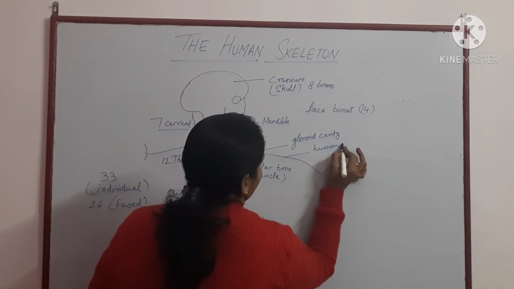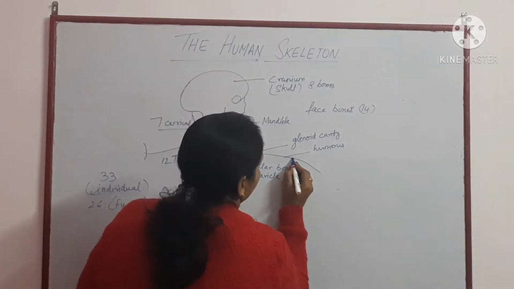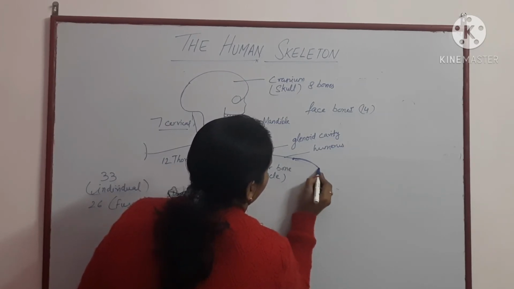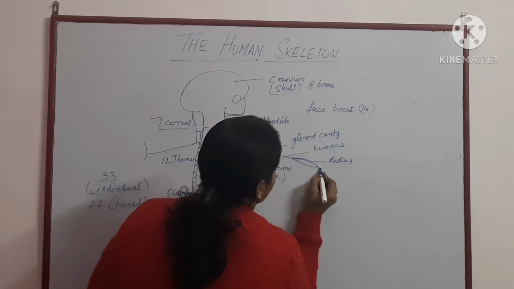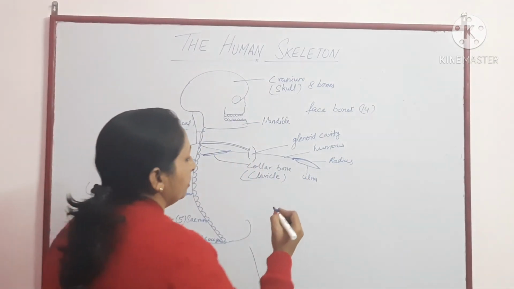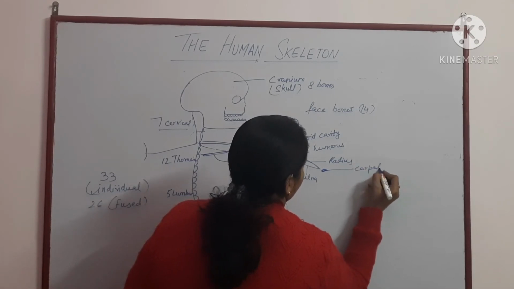Next to this, radius and ulna. The thicker part is the radius. The thin one is the ulna. This one, the wrist region, carpals.